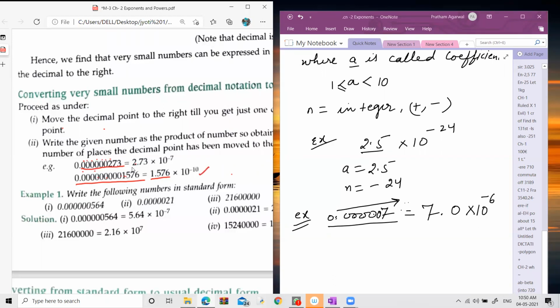Is my voice breaking? Yes, Charu ma'am. Charu ma'am, you can unmute yourself. Jyoti ma'am, is there any problem? Jyoti ma'am, am I audible? Yes, you're audible.